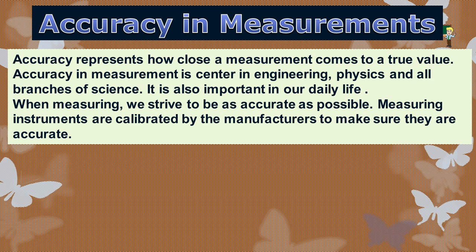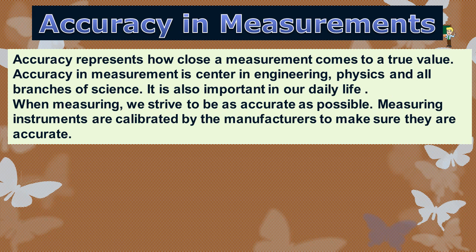Accuracy represents how close a measurement comes to a true value. Accuracy in measurement is central in engineering, physics, and all the branches of science. It is also important in our daily life. When measuring, we strive to be as accurate as possible.